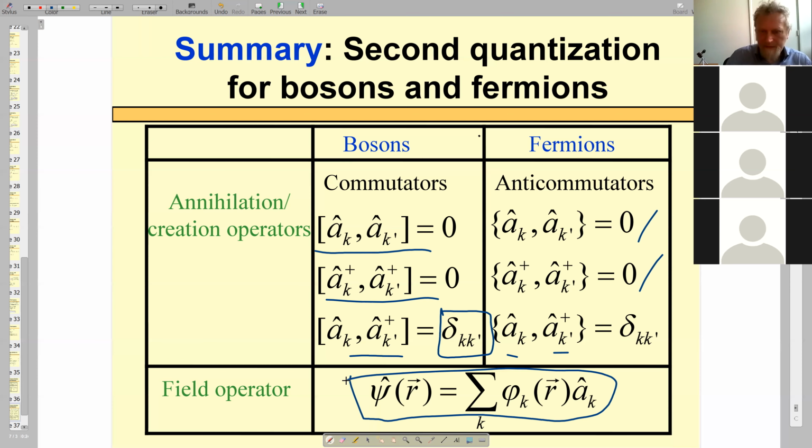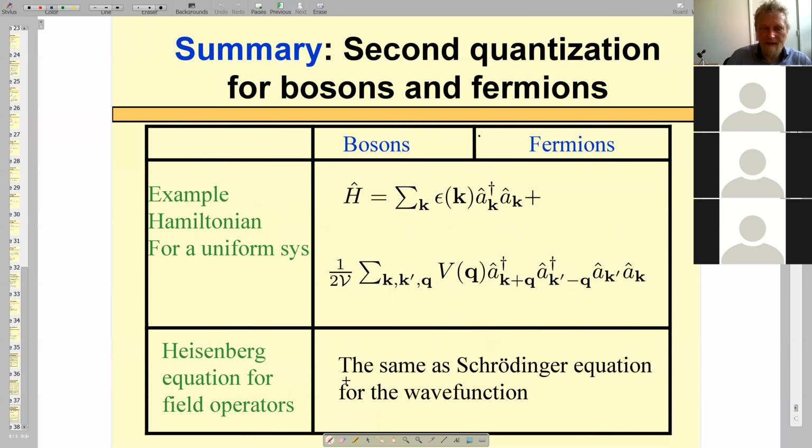Field operators. What else? Example, Hamiltonian for a uniform system. Uniform system in this case means that momentum is conserved and particles are in empty space. Look, it consists of single particle energy, and we also have interaction.